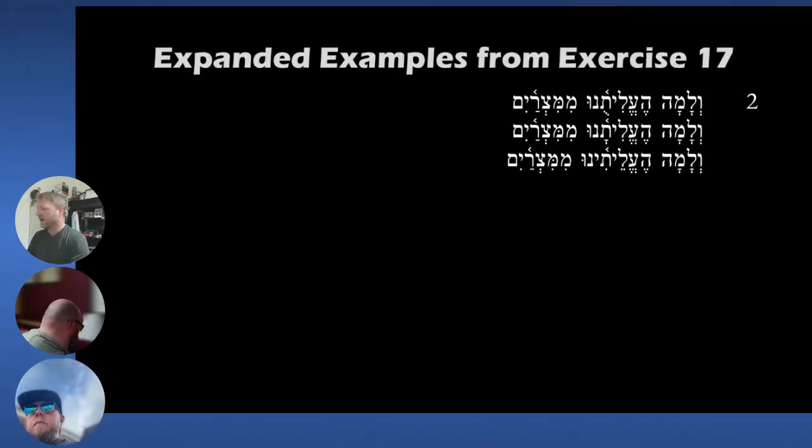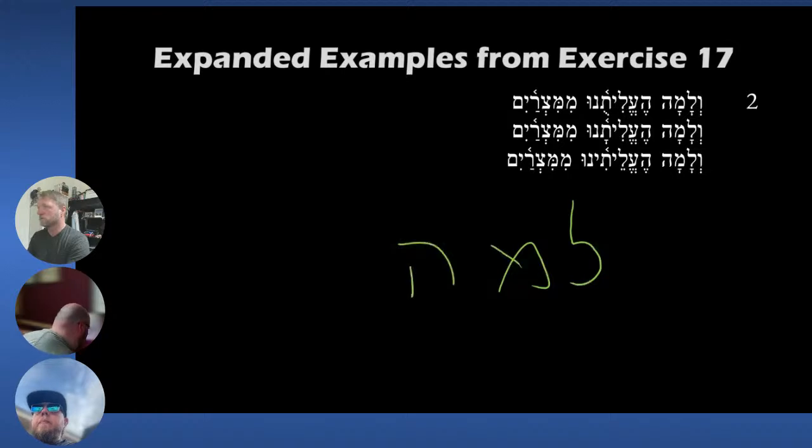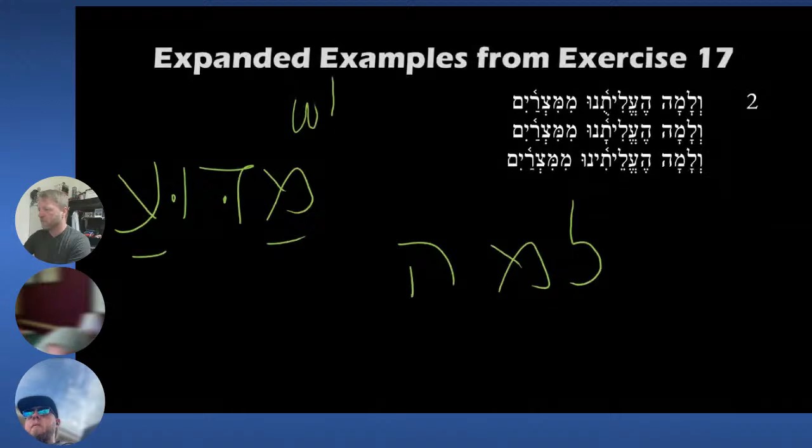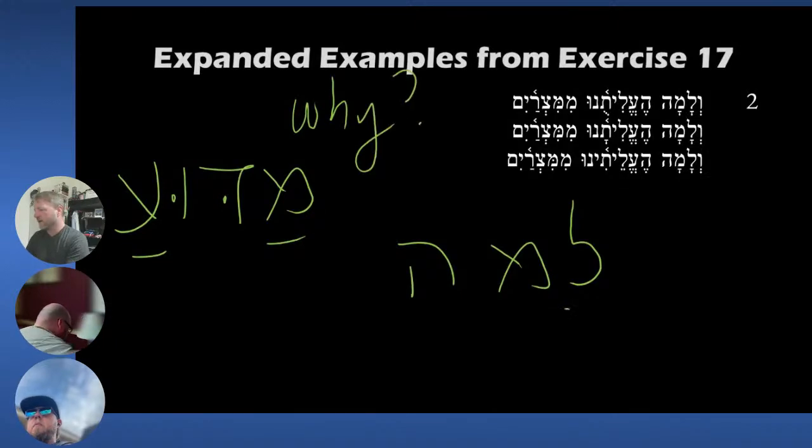First of all, lama, we have the word why. We have 3 forms. We have more than 3, but we have madua that we had in our reading of David and Jonathan. Madua means why. Then we have lama with an accent here.